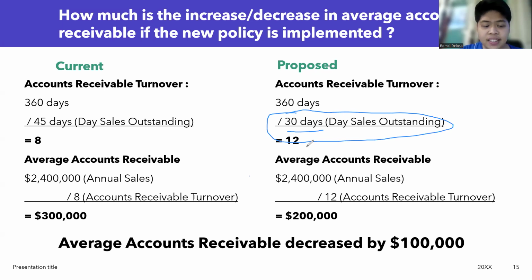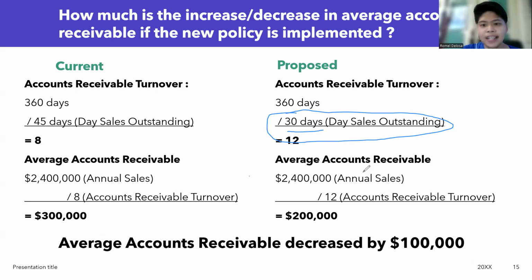So, ang point is, sa current policy, 8 yung AR turnover. Pero sa proposed, magiging 12 siya. So ang point is, makakaroon talaga siya ng effect sa average AR. Kasi, instead of dividing it by 8, magiging 12.